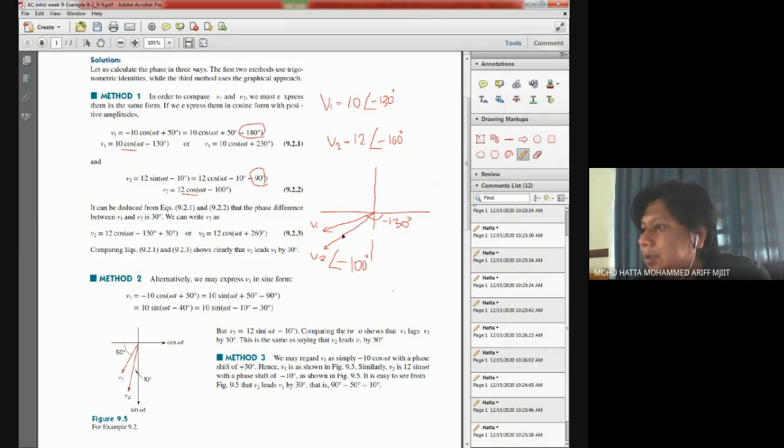Looking at these two waveforms, we can identify which one is leading and which one is lagging.